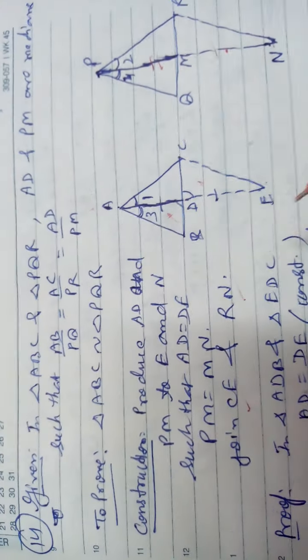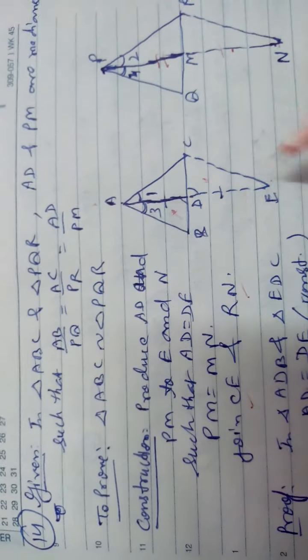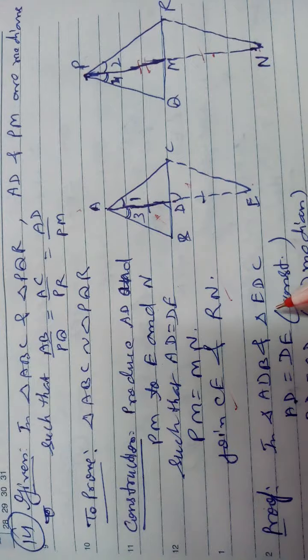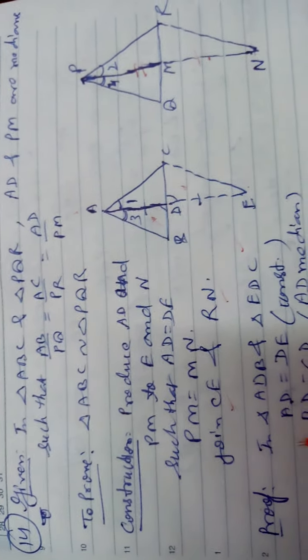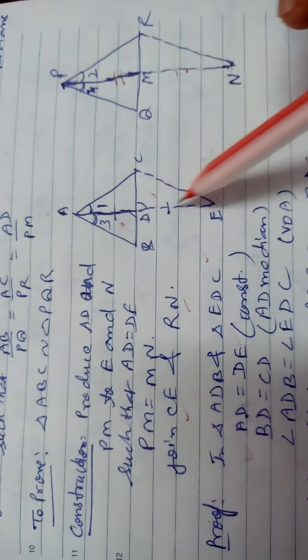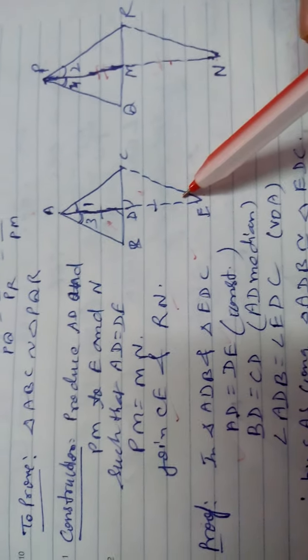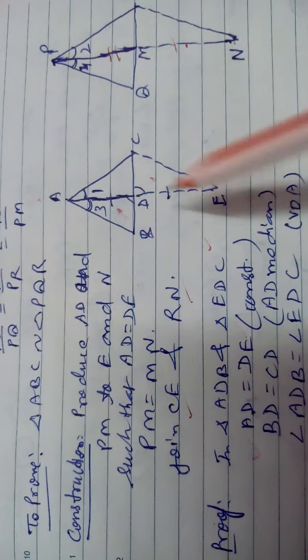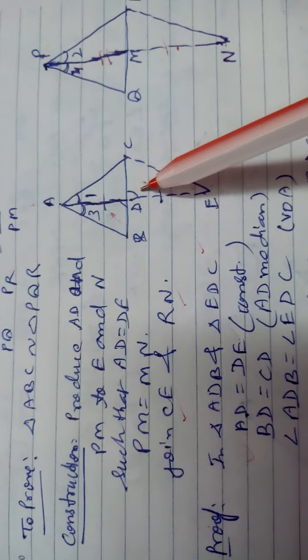In triangles ABD and ECD, AD is equal to DE. Why? Because of construction just now. BD is equal to CD because AD is the median, so D is the midpoint. It is a vertically opposite angle.